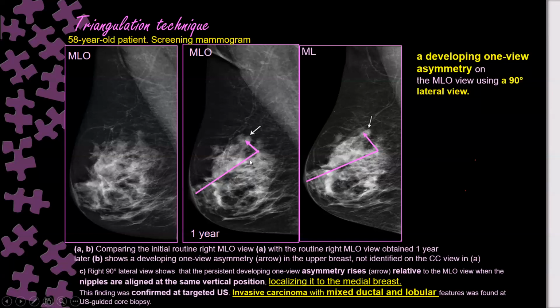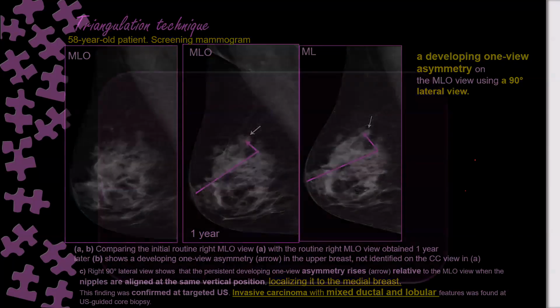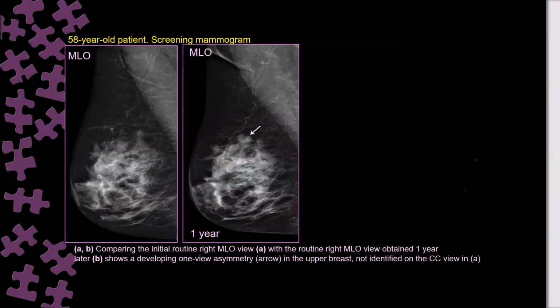You see this area, it can easily be overlooked. It was mixed ductal and lobular carcinoma. You see? Can you look at it again? A lot of lesions like this will be overlooked.